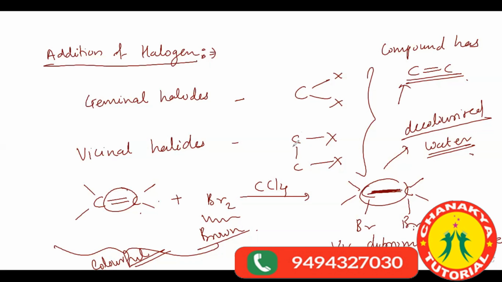And if there is a change in color, suppose brown changes into green, or orange, or remains brown, or becomes black, that doesn't mean there is a carbon-carbon double bond. If the color totally changes and you get a liquid like water, then it is decolorized, and we can say a carbon-carbon double bond is present in that compound. This is one of the important tests.